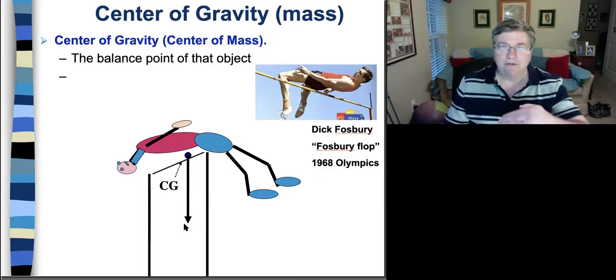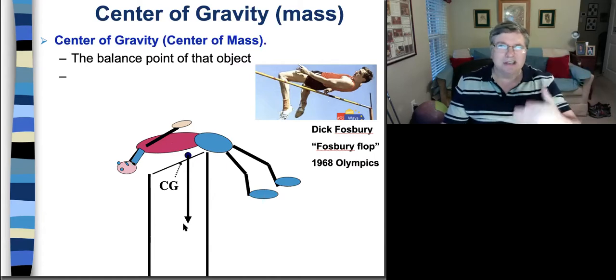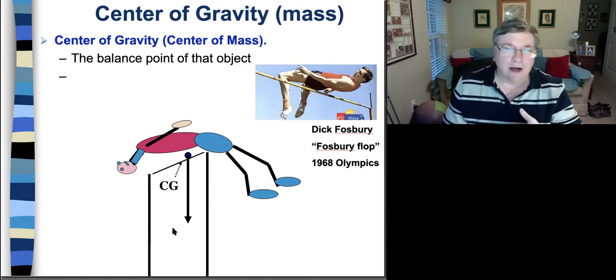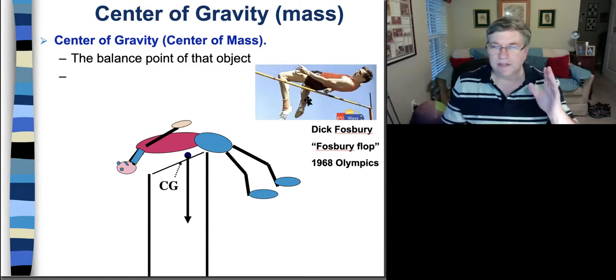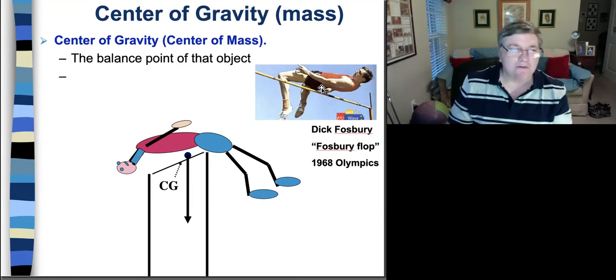That means I have to raise my center of gravity a shorter distance. That means less impulse, less force. And so the result is you can gain 2, 3, 4 inches. And obviously in international competition, that's everything. A few inches is the difference between no medal and the gold medal. So there's Dick Fosbury with a Fosbury Flop.